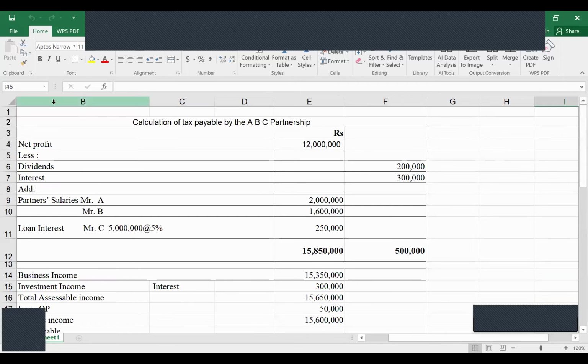Okay, so I have shared the question. Now you can see the calculation. So I have given you the net profit, that is 12 million.